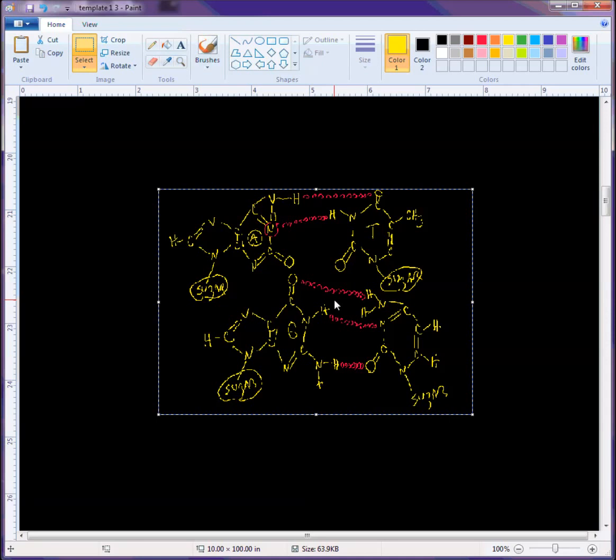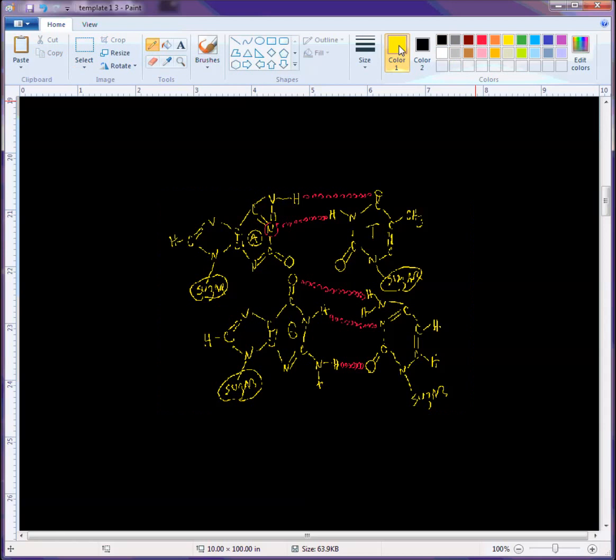So how would I draw the sugars here? Let's see. I'm going to take the pen and draw the sugars over here. I'll cross that out and just draw a long bond there. These bonds are obviously too long, but I just want to show how the atoms are all linked together.